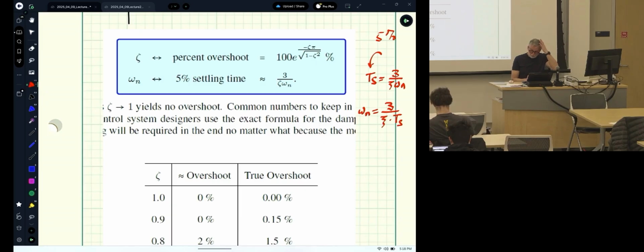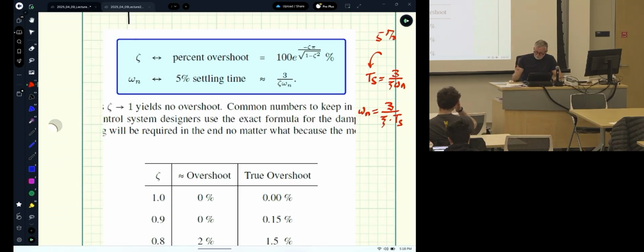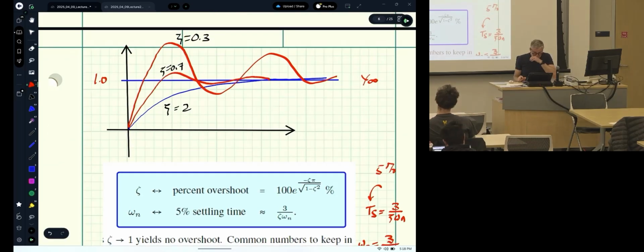Okay, so that's pretty important. So as part of your design, you can pick the speed of response, which is the settling time, and then how much overshoot there is.